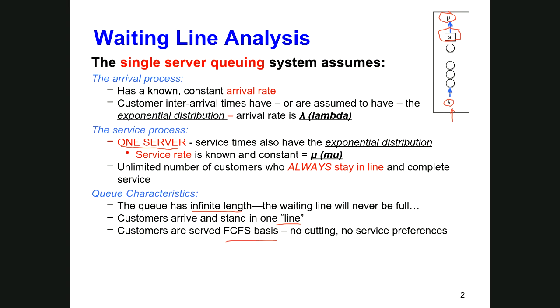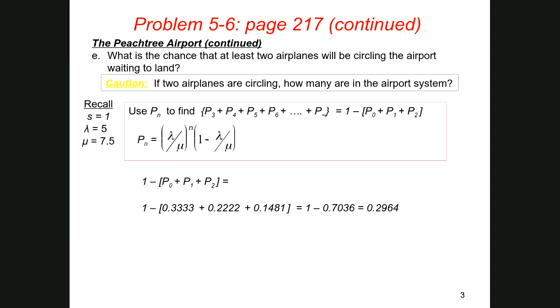I left you with a problem last time with the Peachtree Airport problem. The question was, what's the chance that at least two airplanes will be circling the airport? And so again, the caution at the beginning was, if there's two airplanes circling, you need to translate that into how many are in the airport system.